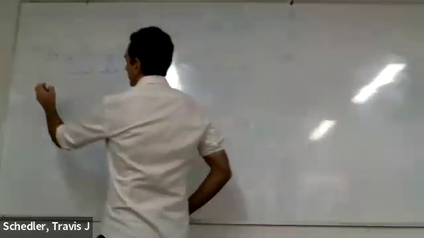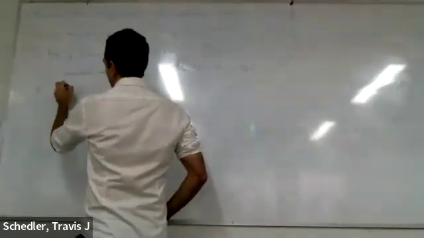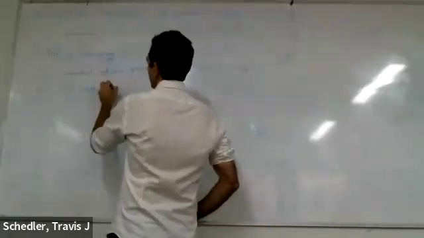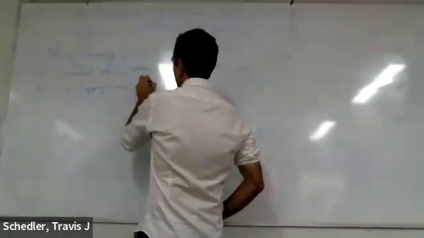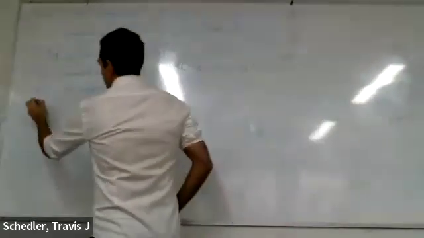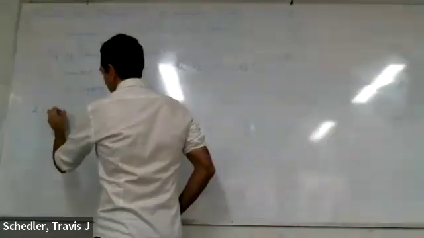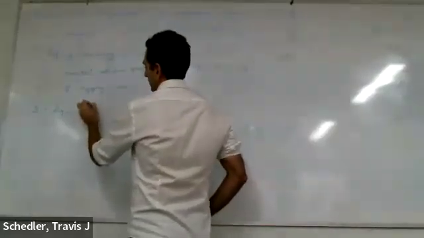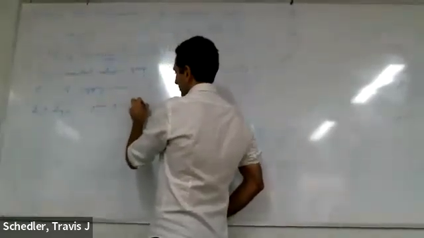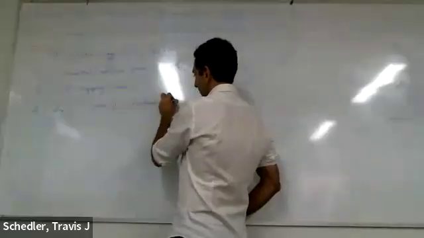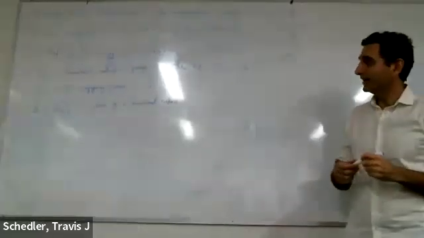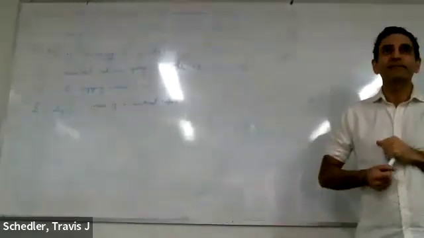And I'm going to fix conjugacy classes C_1 through C_n in G. And I'm going to consider an n-punctured genus g surface. And I'm going to look at the character variety associated to this data.